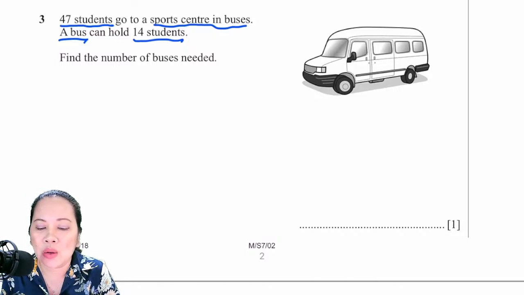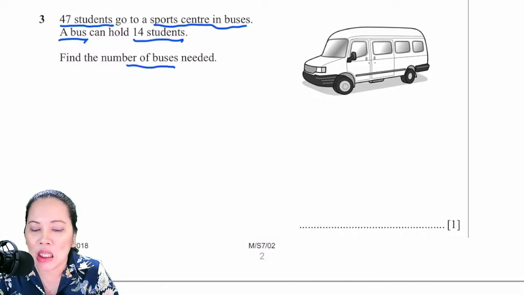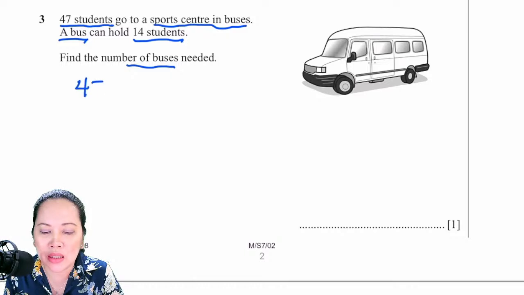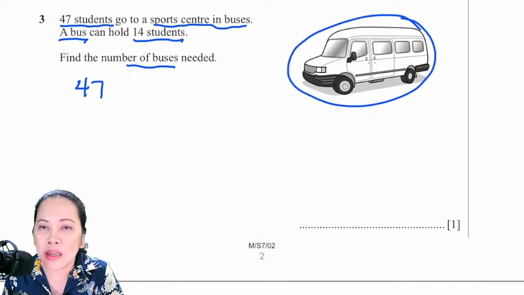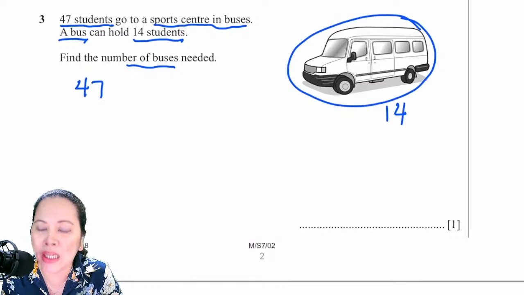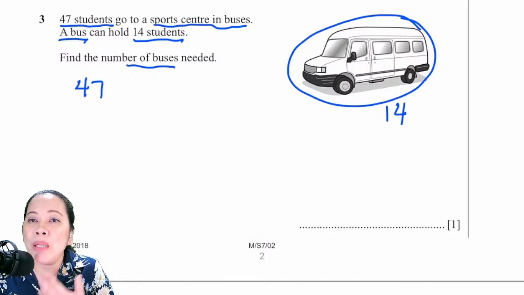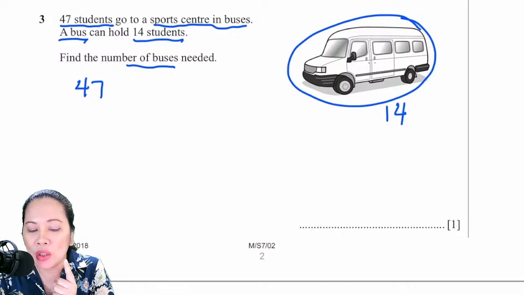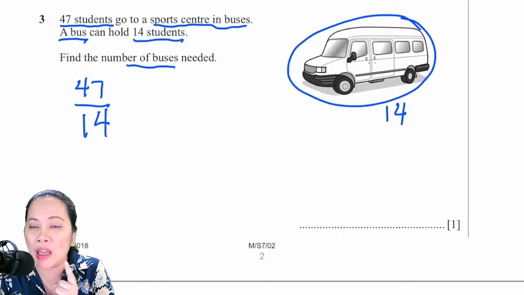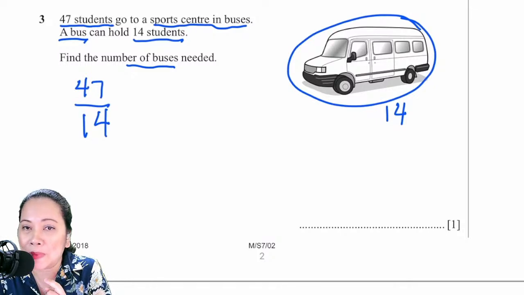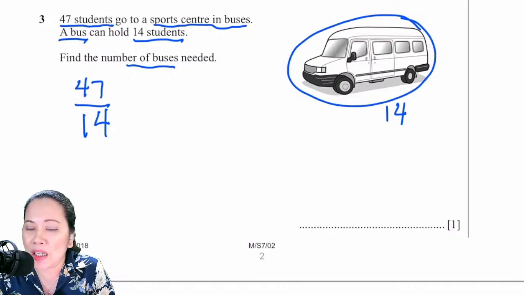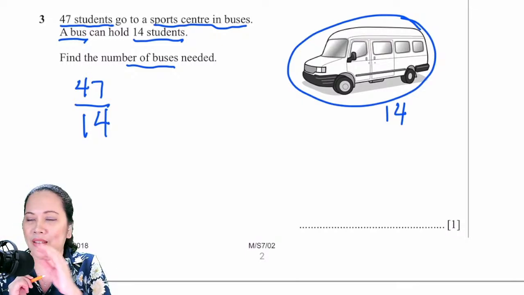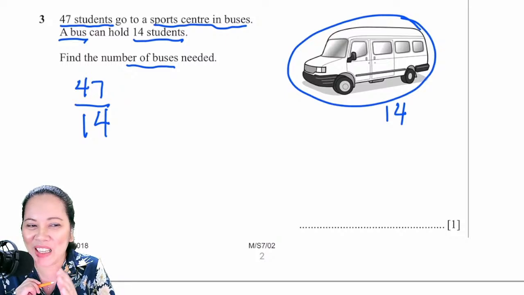So there are 47 students. One bus can occupy 14. So how many buses will I need? Since each bus can only occupy 14, you need to divide 47 by 14. Okay? You need to divide 47 by 14.